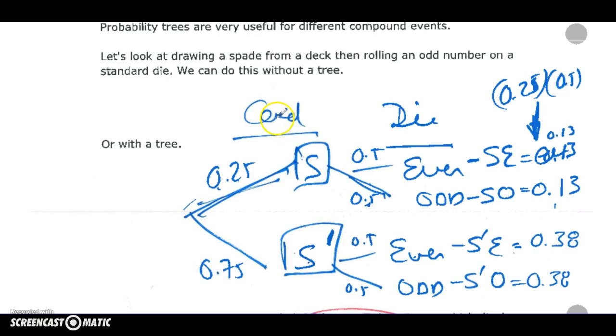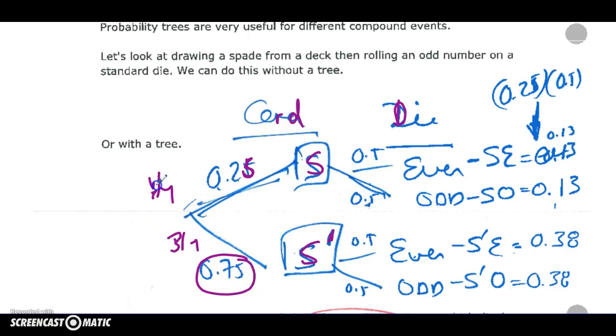Here we drew a card and rolled a die. First, am I drawing a spade or not, S or S prime? A quarter of the cards are spades and 3/4 are not, so this is 0.25 and this is 0.75.